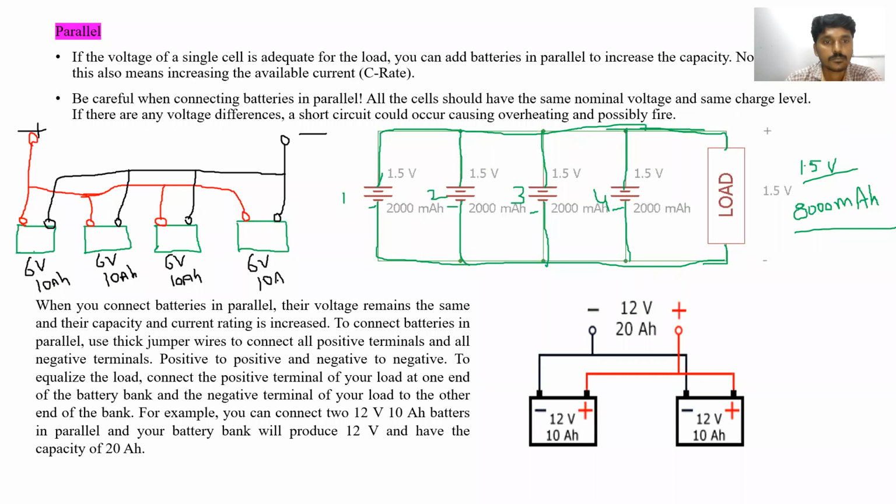So can anyone tell me the rated values of this battery bank? Please tell me. 6 volts, comma, 10 plus 10, 20, 20 plus 10, 30, 30 plus 10, how much? 40 ampere hours. The capacity of this battery bank is 6 volts, 40 ampere hours.